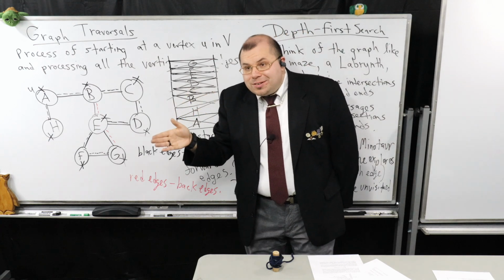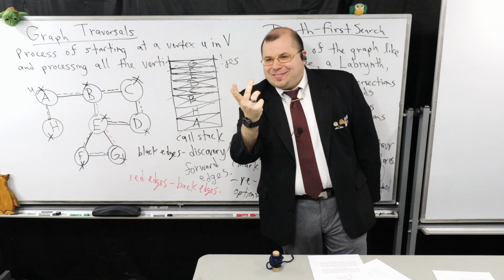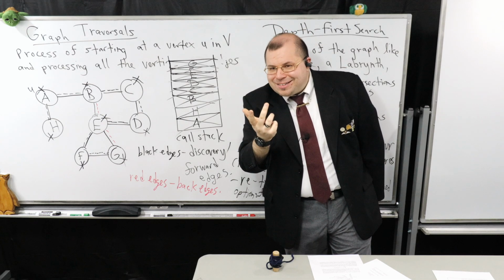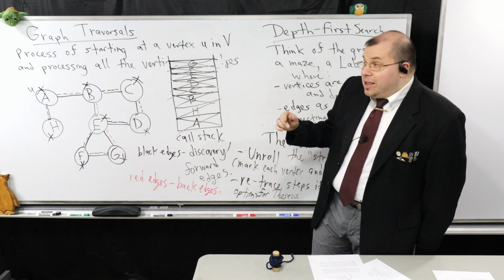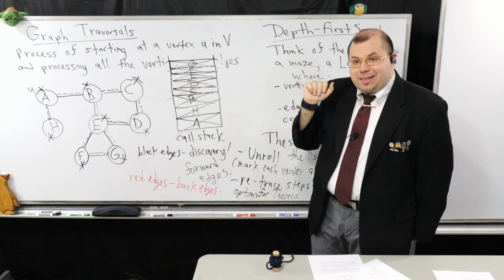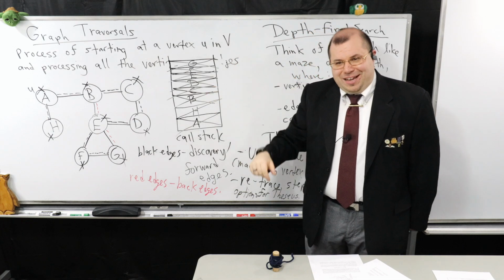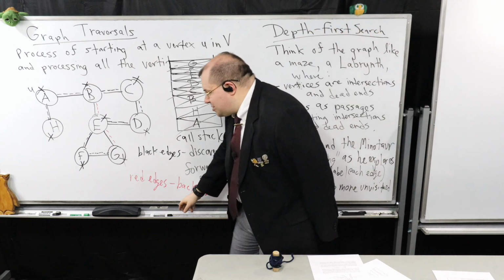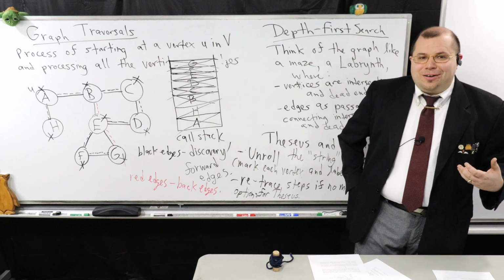If it's unlabeled, then I'm going to consider it. I look at its opposing endpoint and ask, is the other endpoint marked or not? That's going to tell me right away if I need to keep exploring. And if I have a place that I could go, I recursively call my exploration again at that vertex. So let's do the pseudocode out, and let's see how this actually looks when I write it all out.